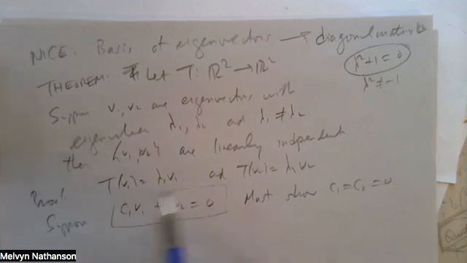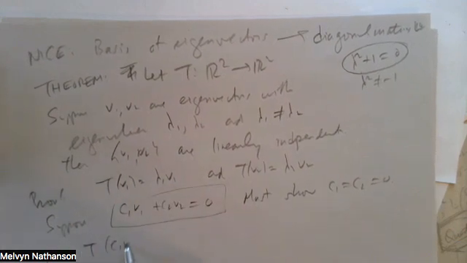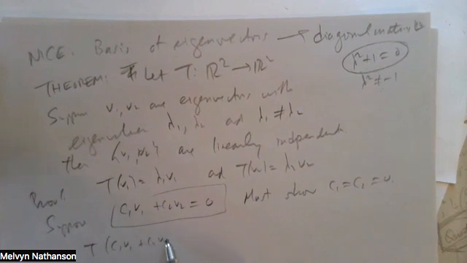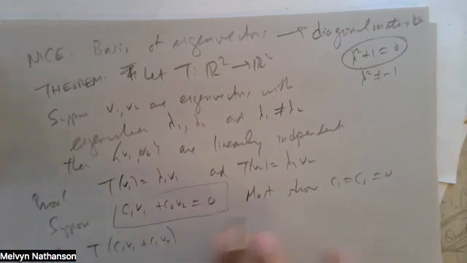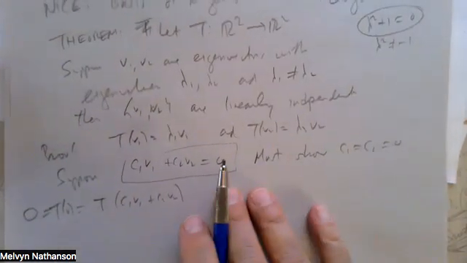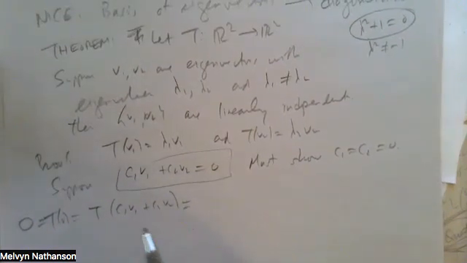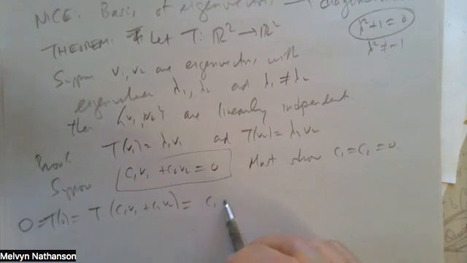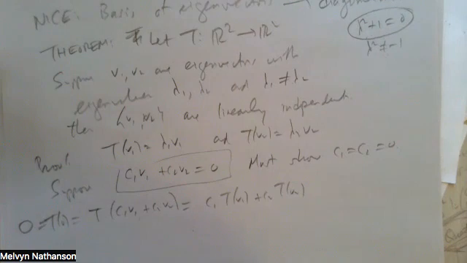So suppose this is true. Apply T: T of C1 V1 plus C2 V2. Well, this is 0, so this is T of 0, which is the zero vector. On the other hand, because T is linear, this is C1 T of V1 plus C2 T of V2.